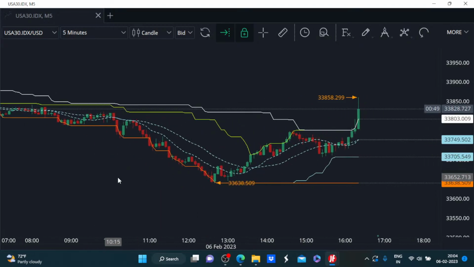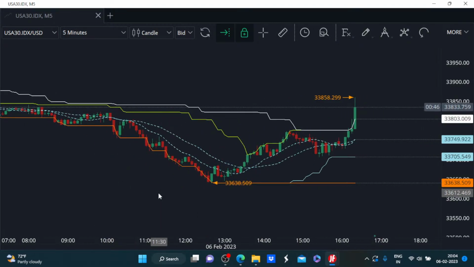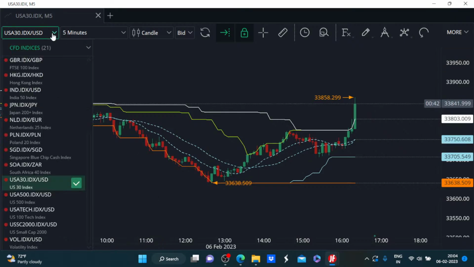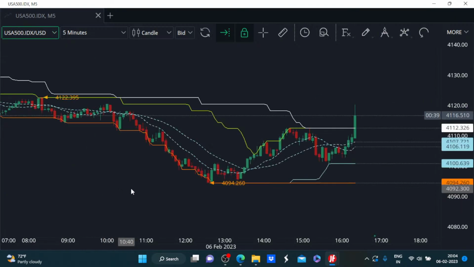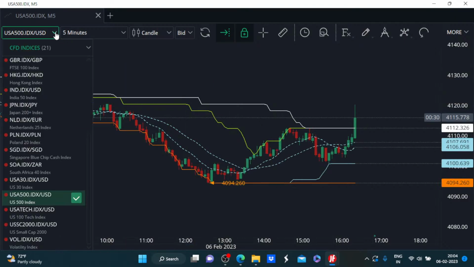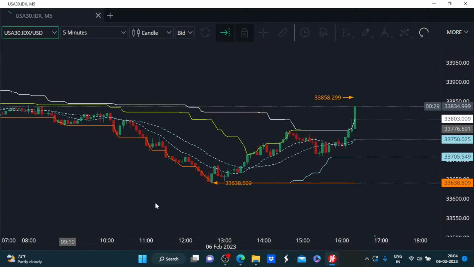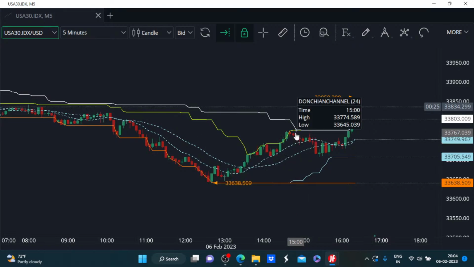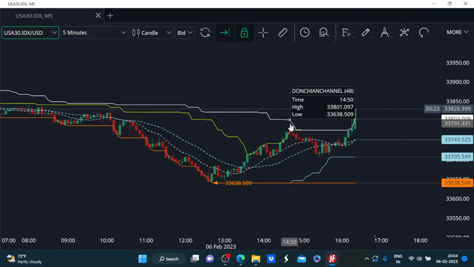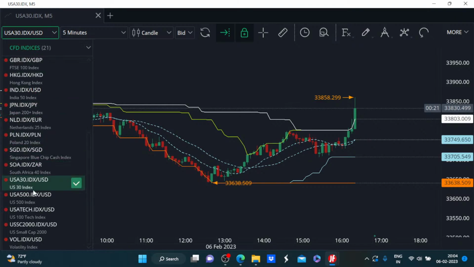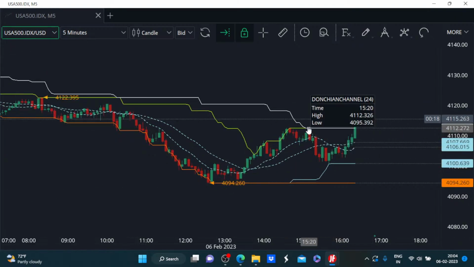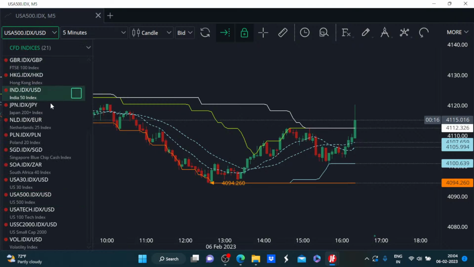For the Dow Jones Industrial Average, the momentum is looking similar to what we are observing for the S&P 500, but it is looking less bullish compared to the S&P 500. If we look at the timeline of making these highs and this prior low, it remained a little shy of touching this 4 hourly high, whereas the S&P 500 was indeed able to get fairly close to it.